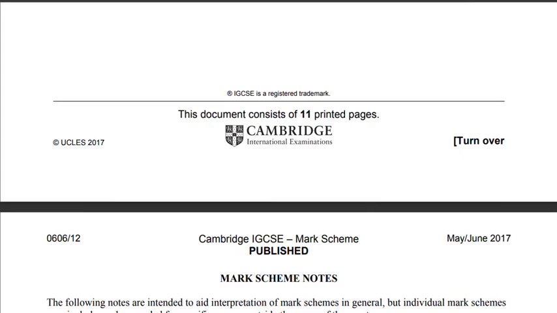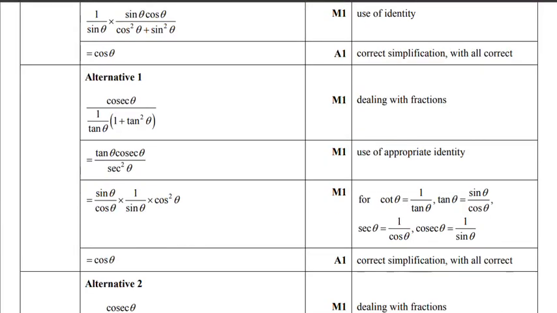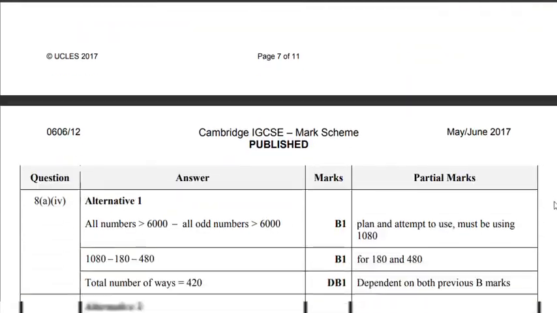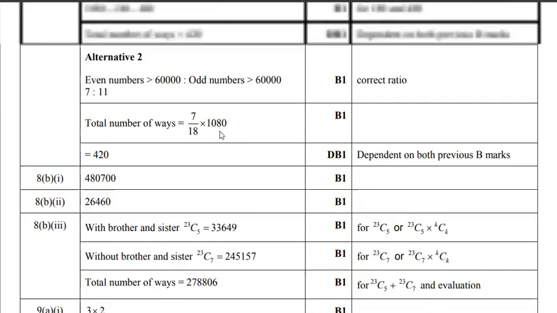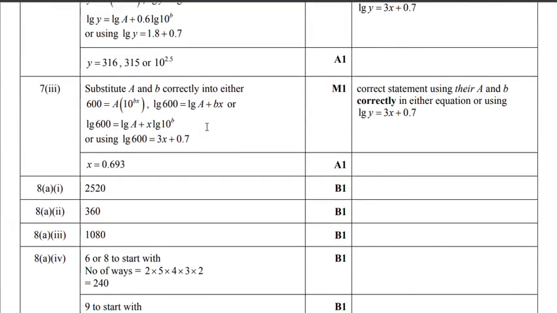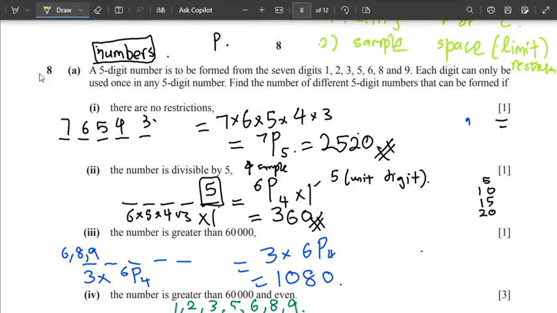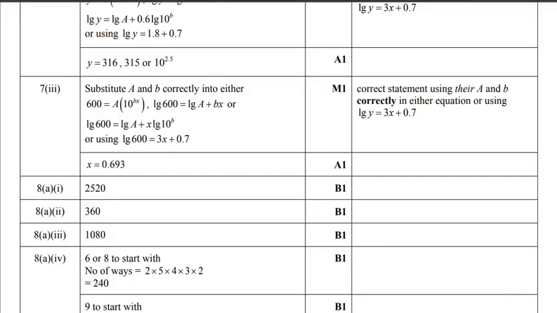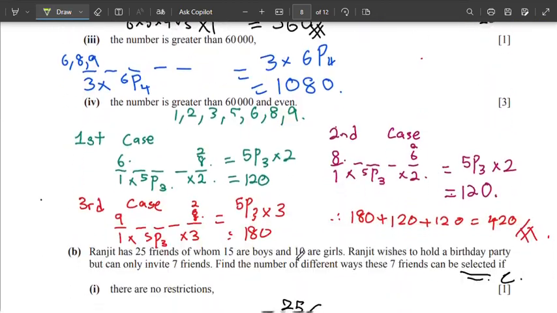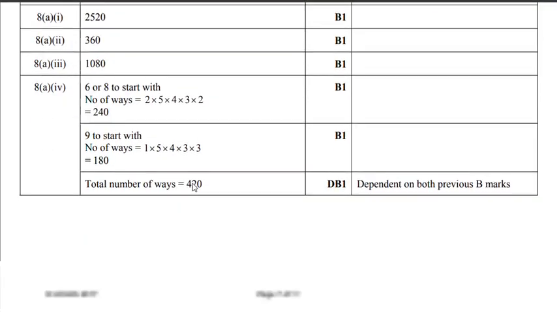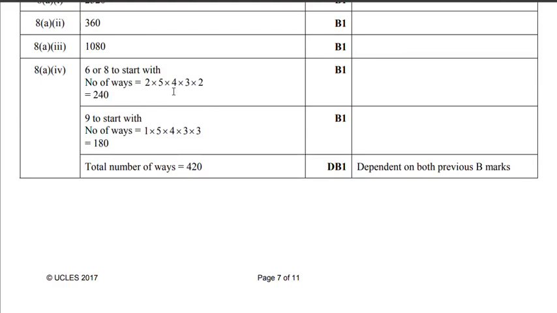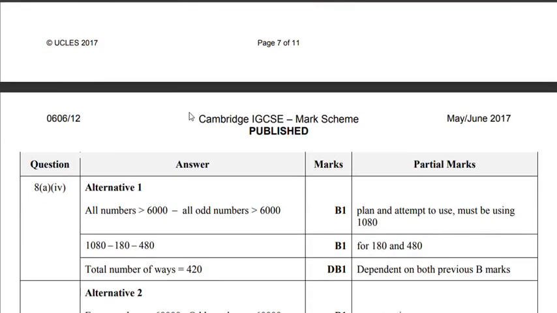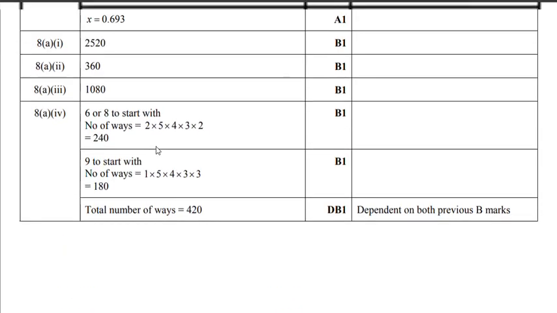So yeah. Let's look at the mark scheme. Alright, here. So first question is 2520, which is okay. 360, 1080, and then this one I think you'll get 420. So this one he used multiplication, but I use permutation, which is okay as well.